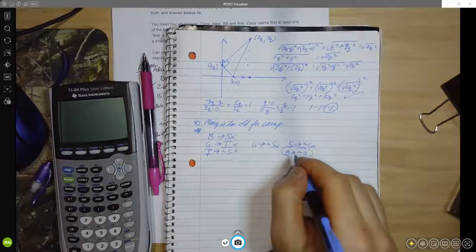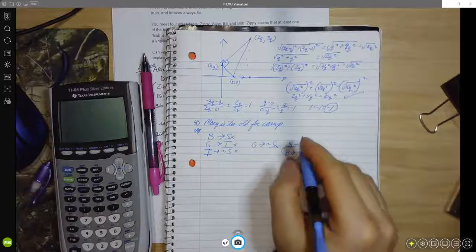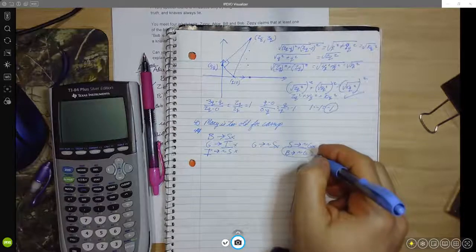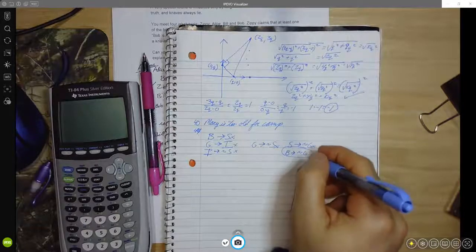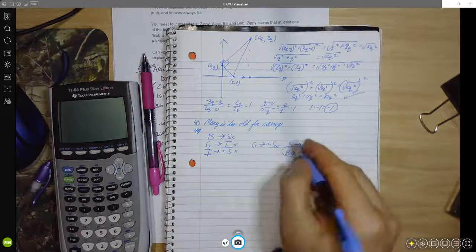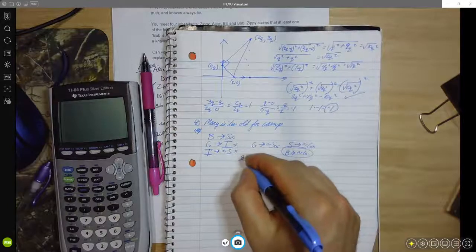So what does that mean? If you appreciate Beethoven, you're not a guinea pig. Or you could say, contrapositive, if you're a guinea pig, you don't appreciate Beethoven. So we'll just say it that way.